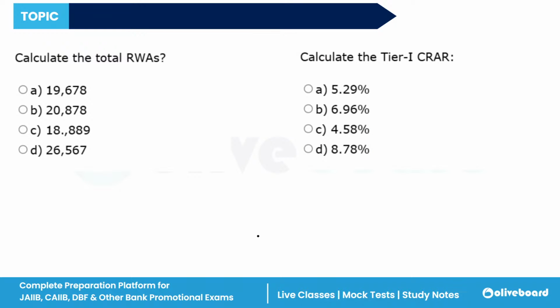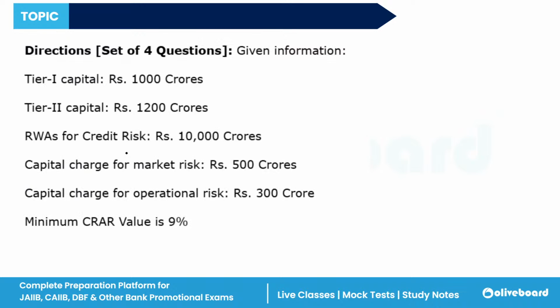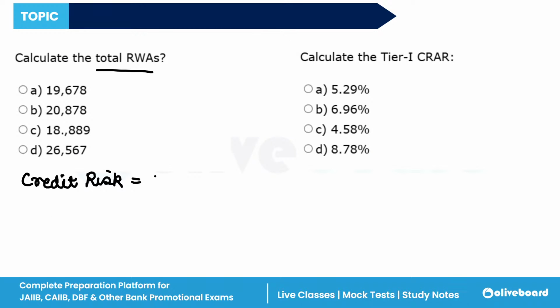What is the total RWA? See, total RWA, very simple. In total risk weight assets, we need to sum the RWAs, which is given for credit risk, market risk, operational risk. For the credit risk, it is given near about 10,000 crore.